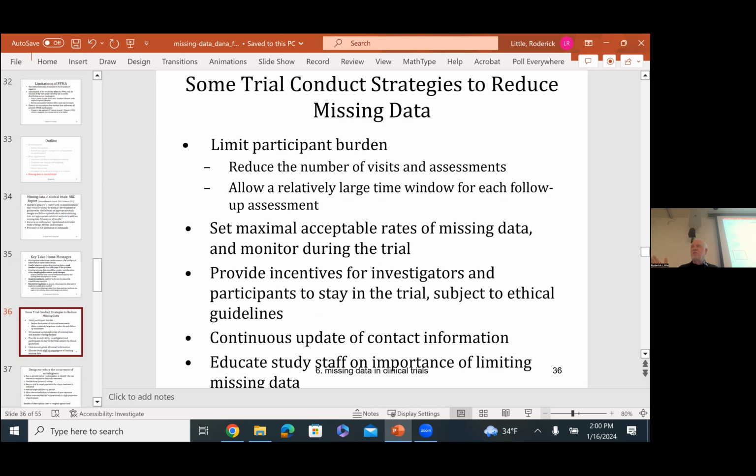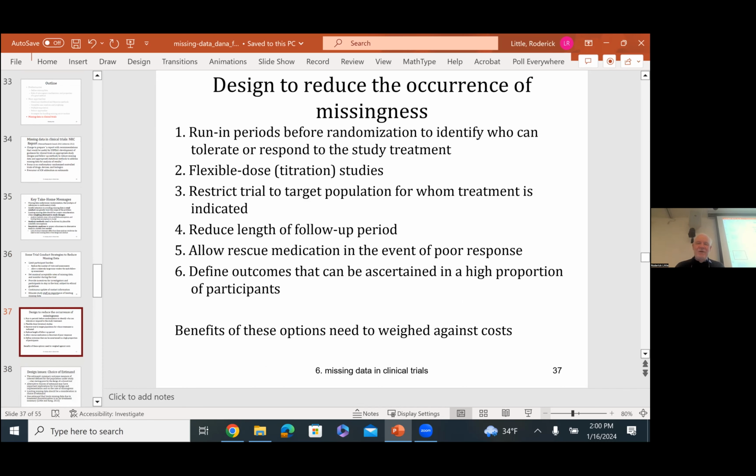So there are a variety of methods to reduce missing data in trial conduct. I'll skip over that slide quickly, but a lot of it's common sense. But just because it's common sense doesn't mean that people actually do it, right? You all know that.